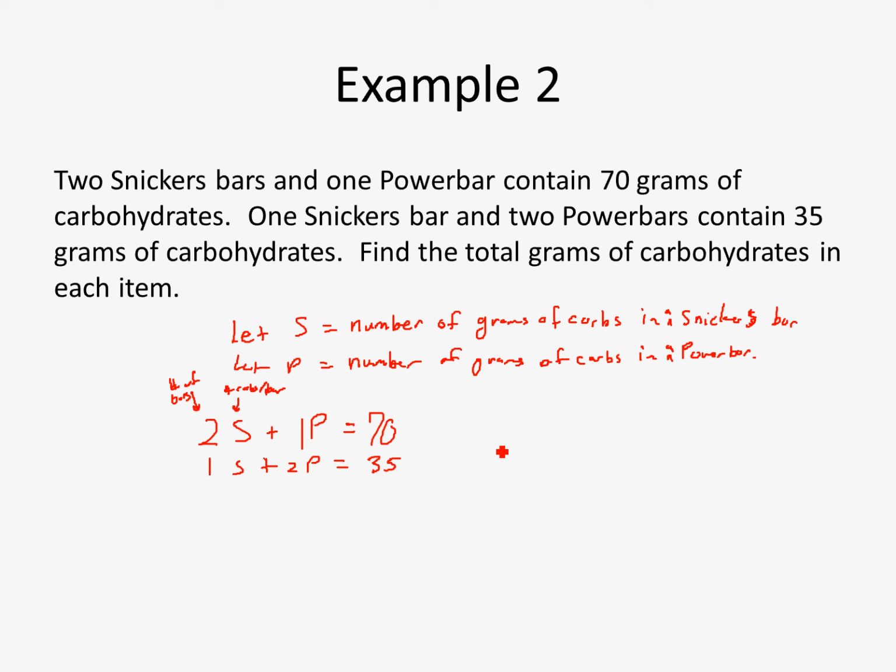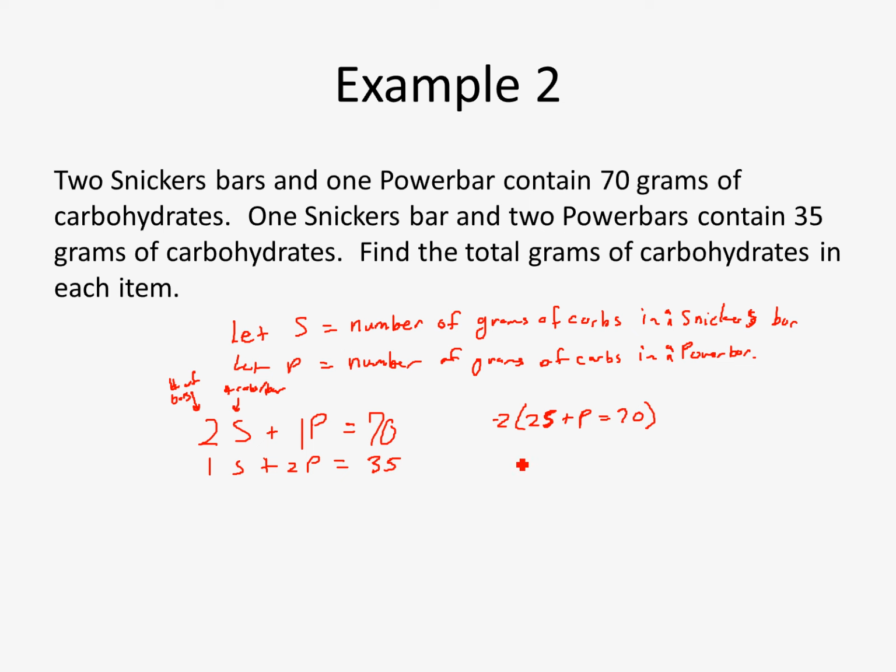It doesn't really matter. We'll multiply this top equation. If I take this top equation, remember this is an s, not a 25. Okay, that's important.